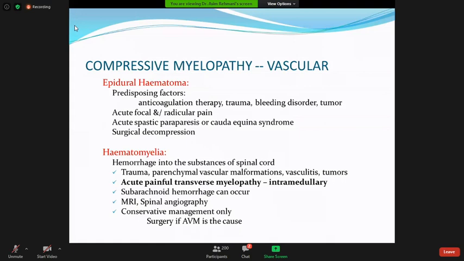And epidural hematoma causes sudden, acute symptoms. So whenever a patient comes with sudden symptoms, like a snap of a finger, we have to keep in mind a vascular phenomenon.